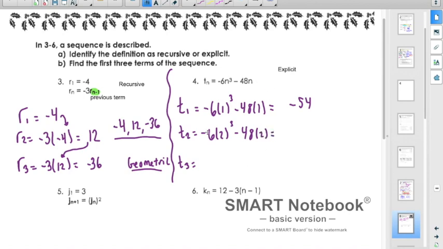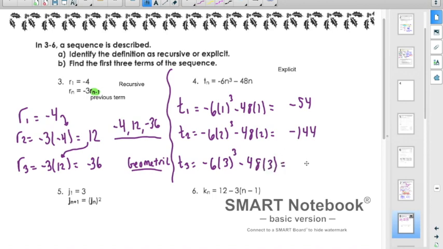And again, if we had our calculators, we could just plug this right in, right as we see it, right? And the calculator would tell us this would be negative 144. And last, T sub 3 is negative 6 times 3 cubed minus 48 times 3.